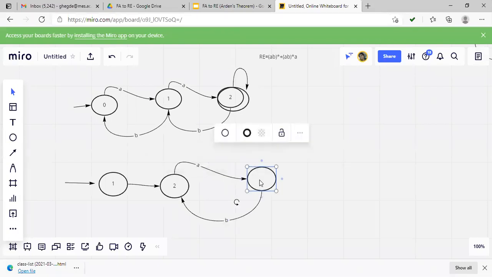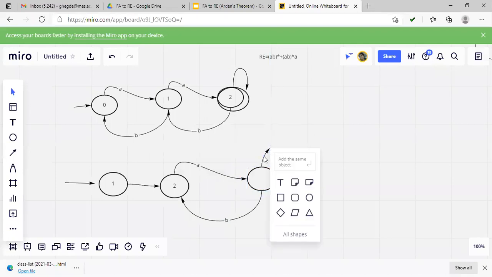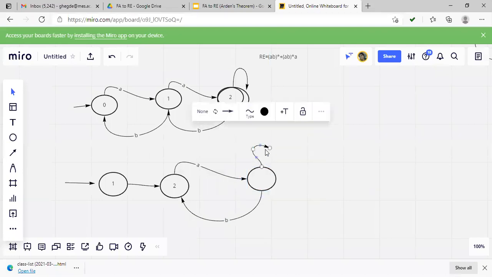No more answers? Karthik says A or A, A, B, A, A, B, B. Okay, it is A, B or A, A, B, B. Any other answers?